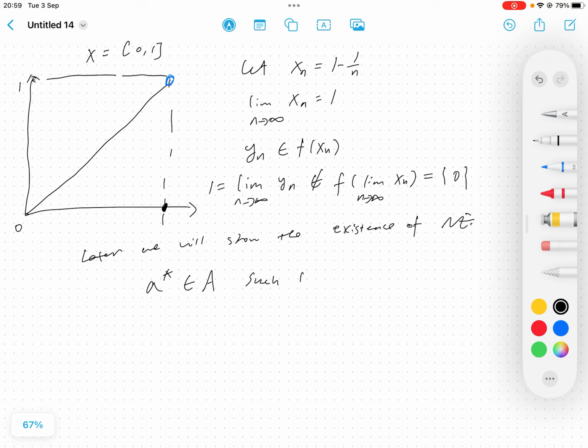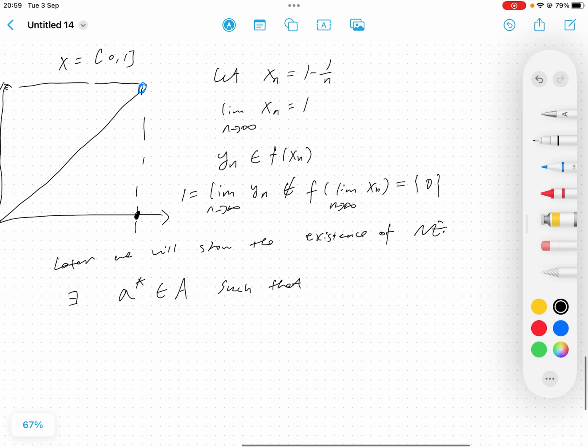We want to show the existence of A star such that A star would be in the set of the best response correspondence with input of A star itself. That's what we did in Kakutani's fixed point theorem, and those are the analogs to the Nash equilibrium. Later we'll discuss the proof of this in detail.